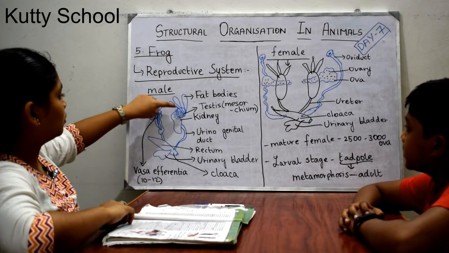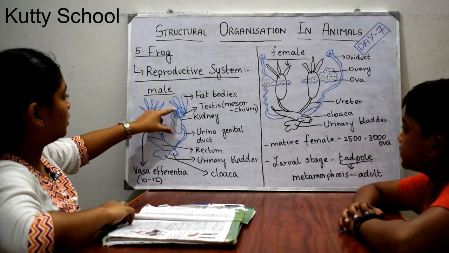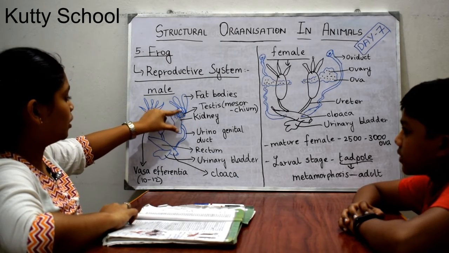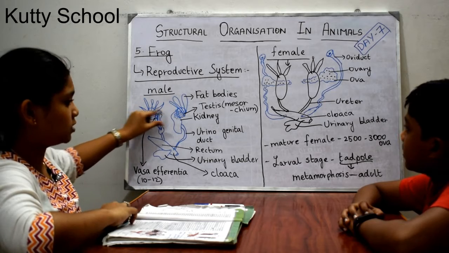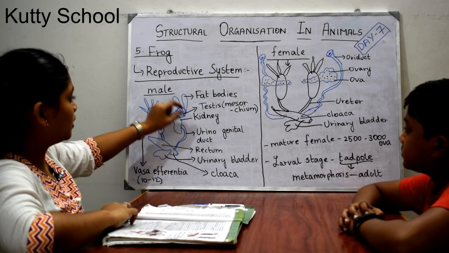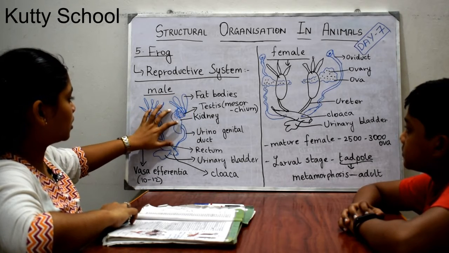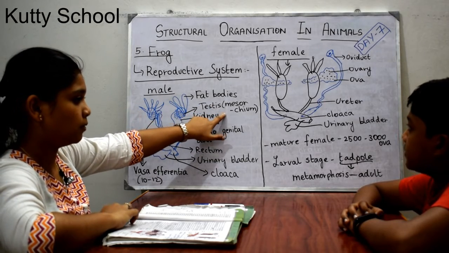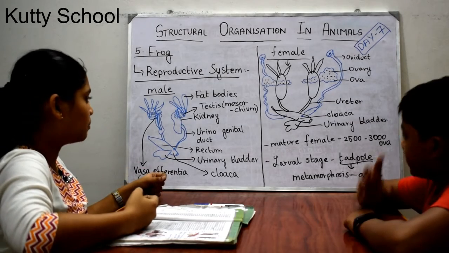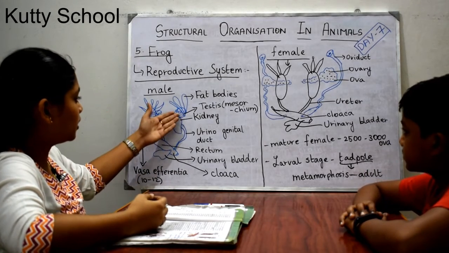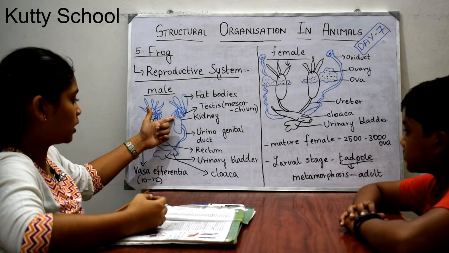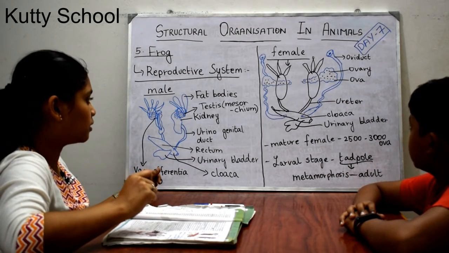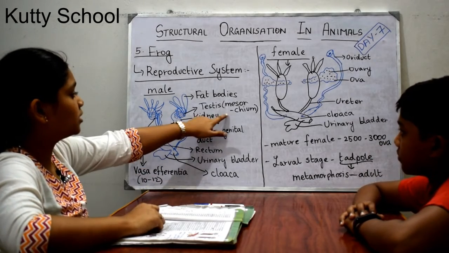Above the kidney there is a yellowish, round testis, and this testis is connected to the kidney by a double layer peritoneum called mesorchium.